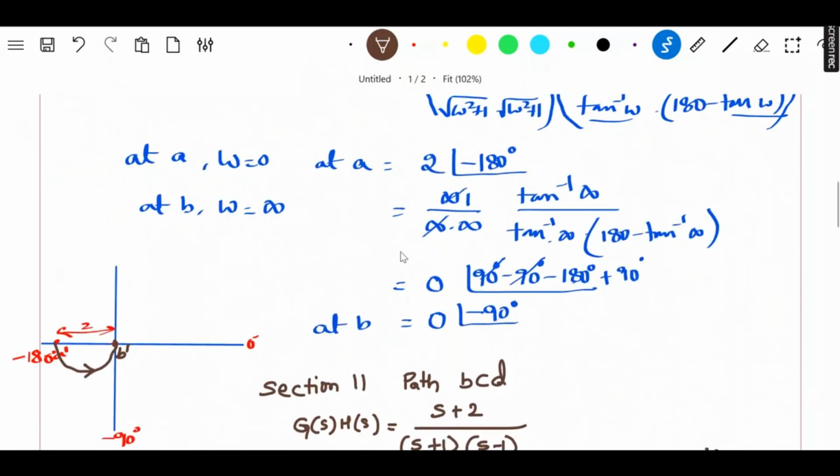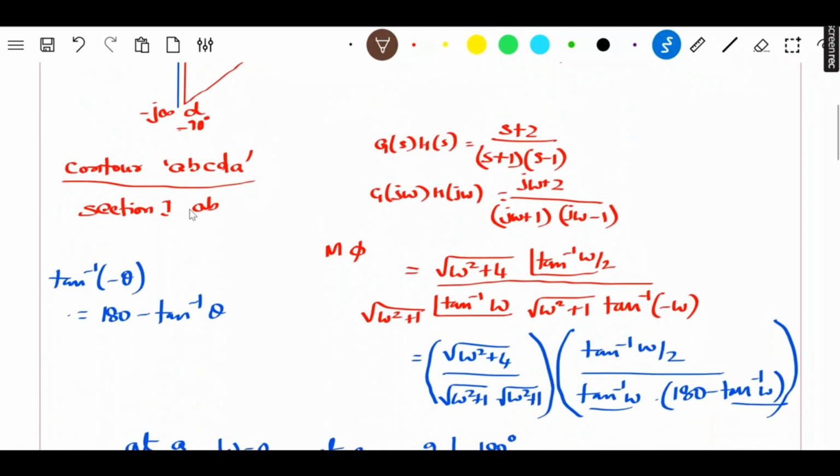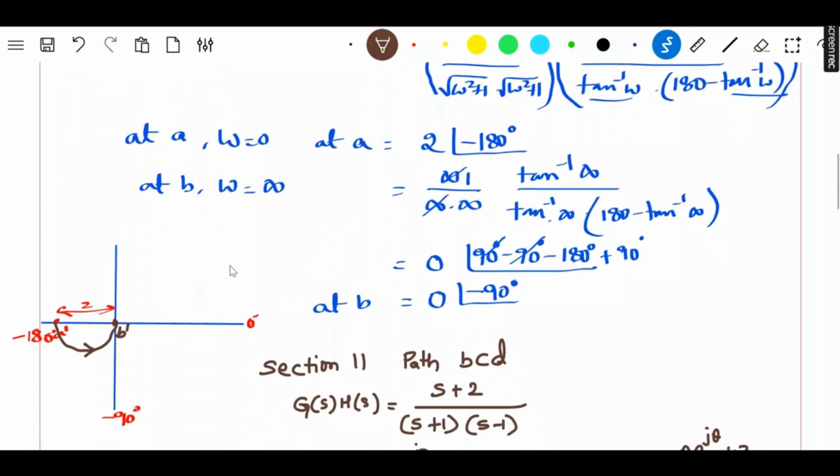Now we'll go with the tracing for D to A. As I already told you in the previous video while solving the previous problem, the trace for D to A will be the mirror contour of the trace A dash to B dash that we have written. So I'll write D to A contour here itself. So this is the line.